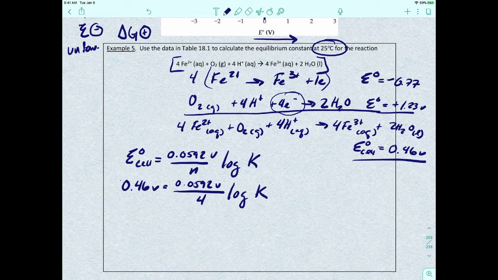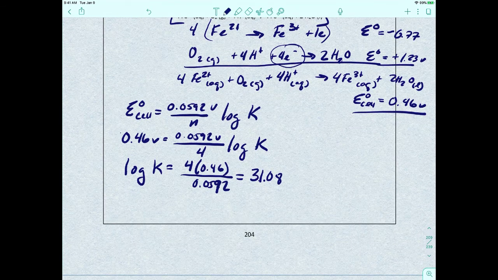All right, so what we want to do is multiply both sides by 4 and then divide by 0.0592, so that way we get log of K by itself. So log of K would be equal to 4 times 0.46 divided by 0.0592, and that would be equal to a positive 31.08.